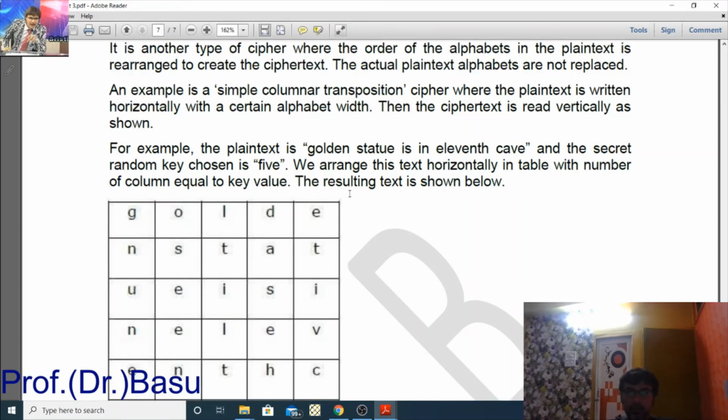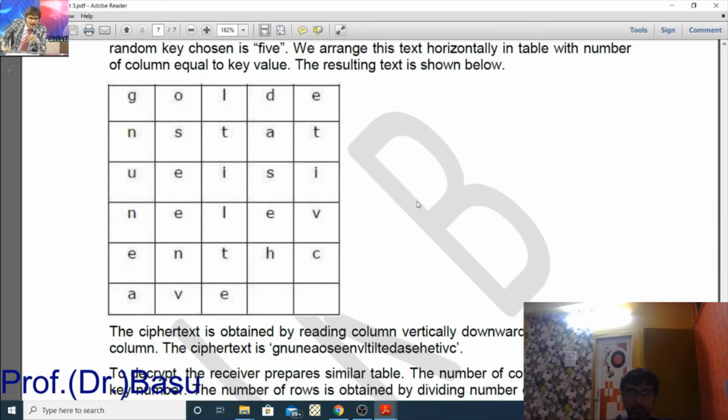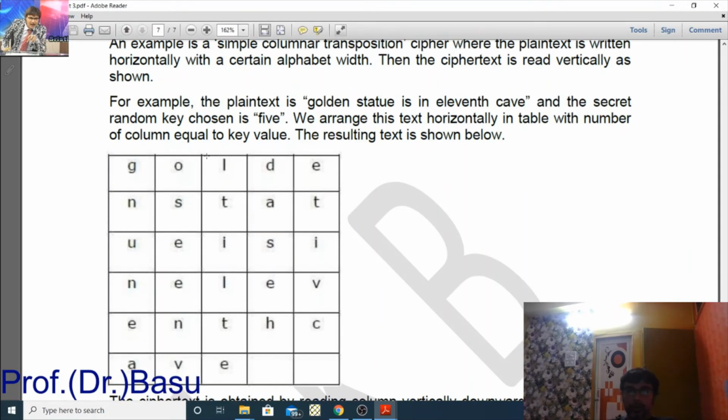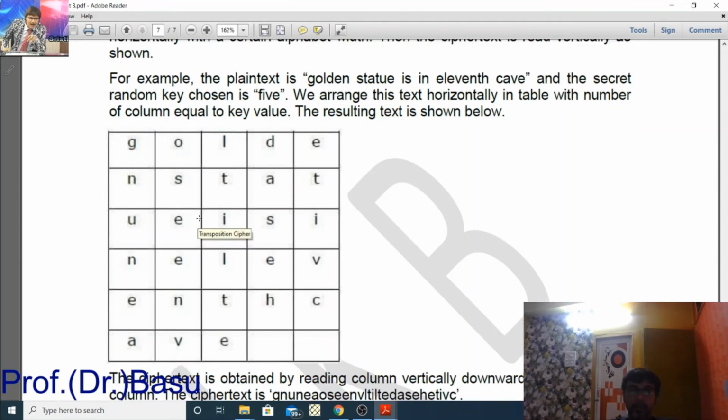Now this is the way we arrange the text horizontally in a table, with the number of columns equal to the key value. The resulting text is shown below. Okay, fine, no duplicate. The concept of duplicate letters is involved here. You just write all the characters, and we get the cipher text by taking the elements column-wise.